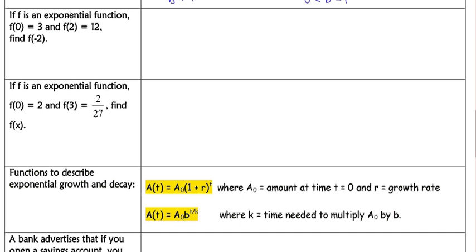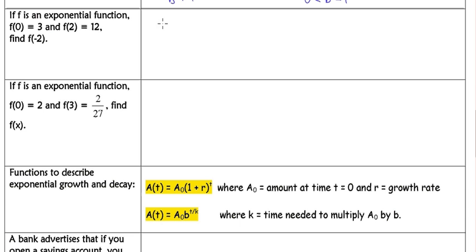So, if an exponential function has f of 0 equals 3 and f of 2 equals 12, find f of negative 2. Let's start with the general form, again assuming that it's not been shifted left or right. I talked about just k, but assume that there is no h value either. We're just assuming an h and k value of 0.